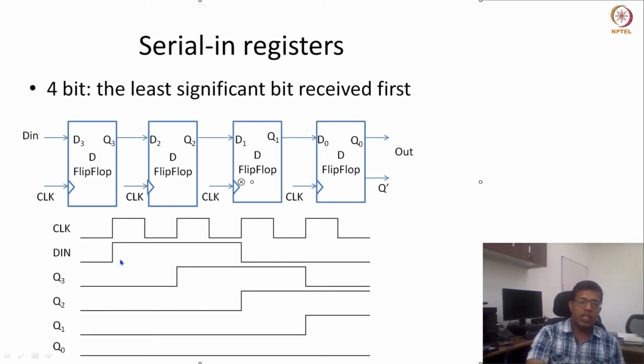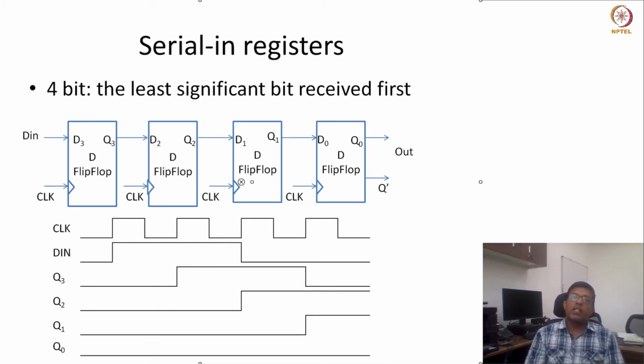Because of those delays, if setup time is non-zero and propagation time is also non-zero, then also it would work correctly. So to make this diagram simplistic, we have taken setup time, hold time as well as propagation time as 0.